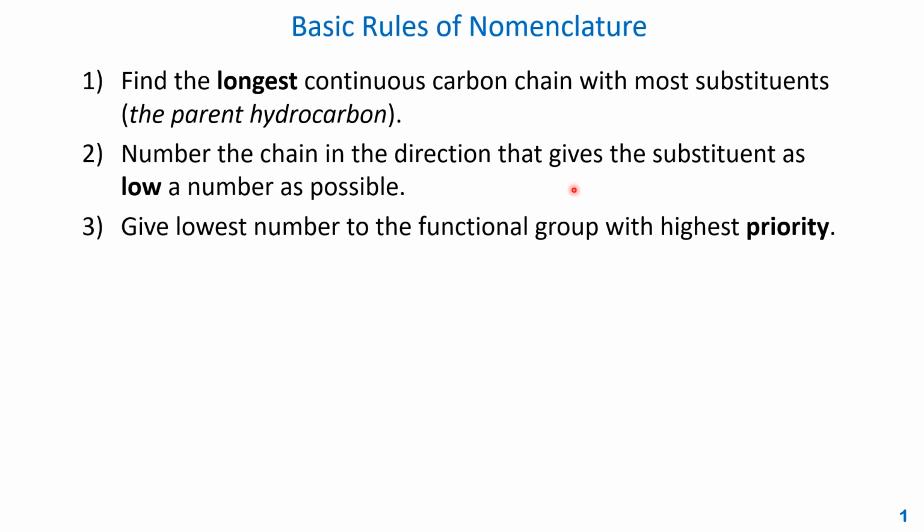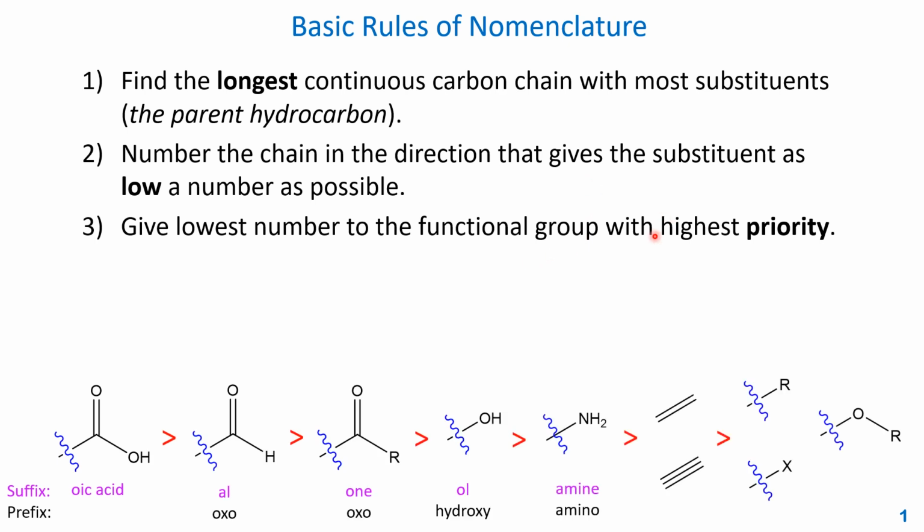Okay, the different functional groups have different priorities. Here, I give you a simplified priority order because this does not cover everything. I just give you some very typical functional groups: the highest is carboxylic acid, and then aldehyde. Of course, there are other functional groups between these two, but those are the most common.